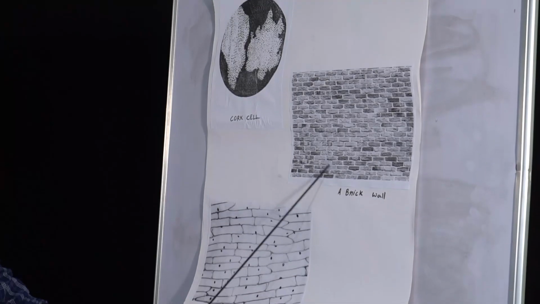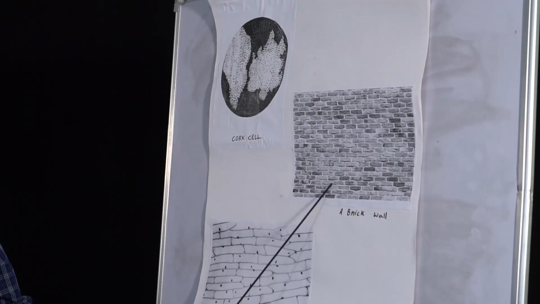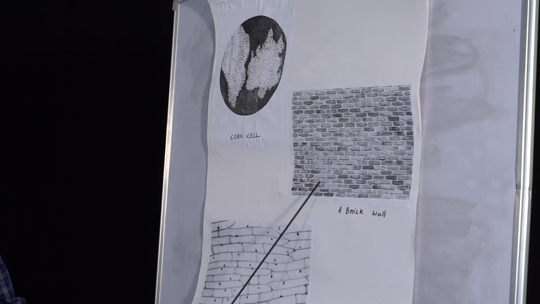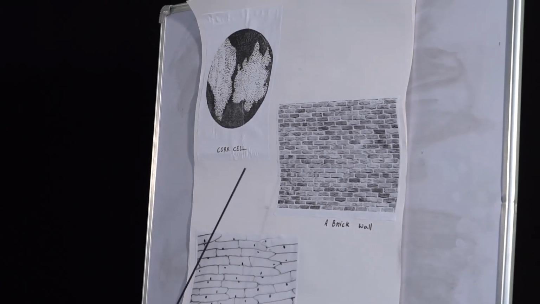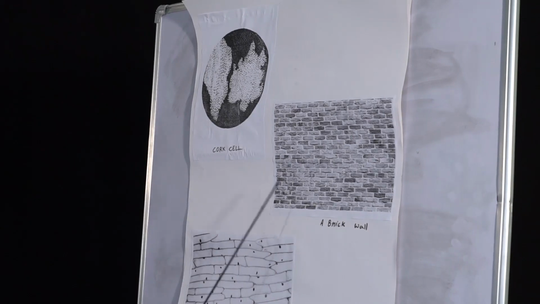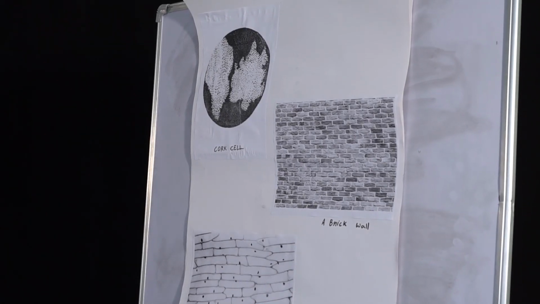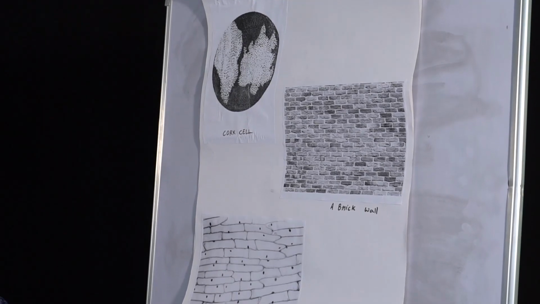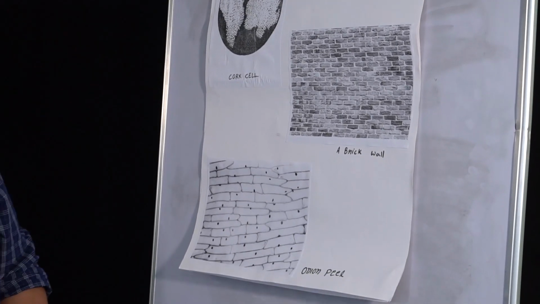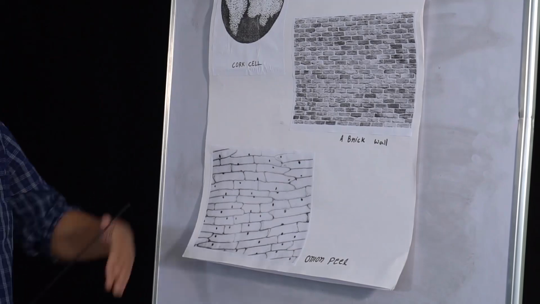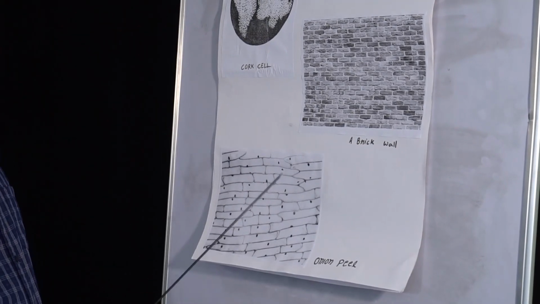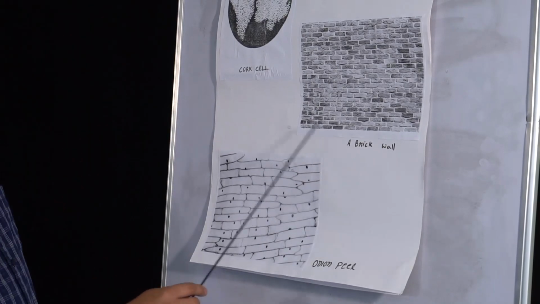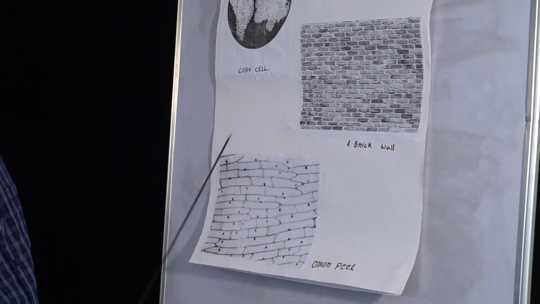When we look at the brick wall, you see a similarity with the drawings made by Robert Hooke, and you find a similarity between an onion peel and a brick wall. Like what Robert Hooke described, even the bricks are separated from each other.